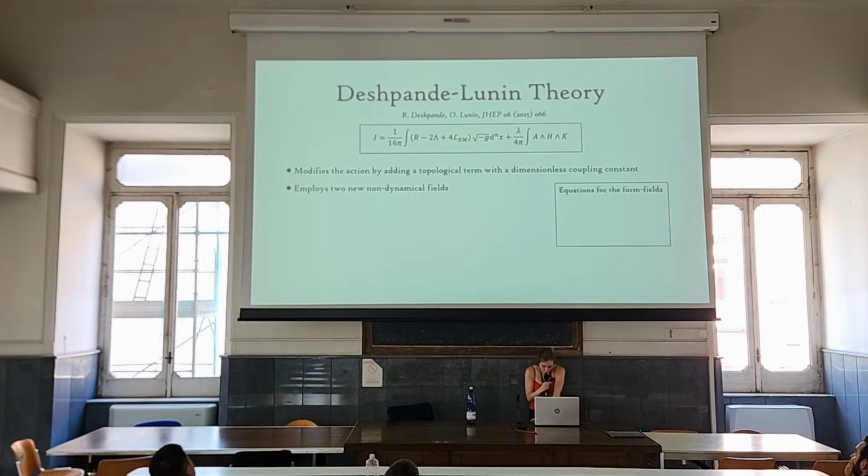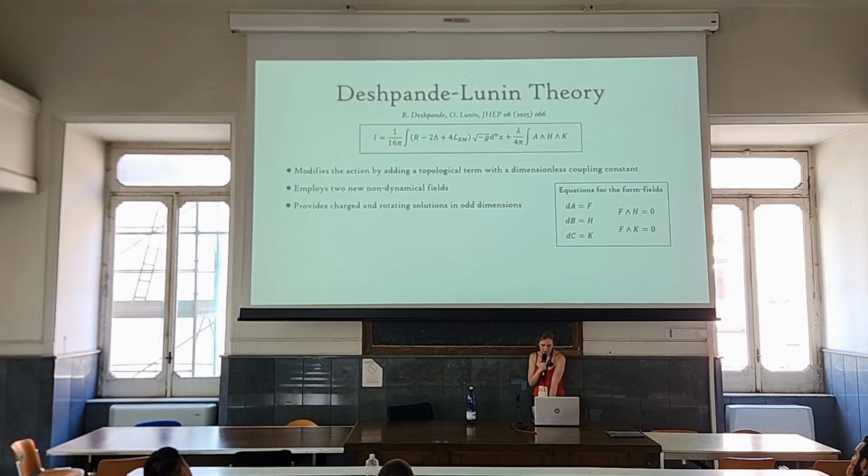For those fields, we have some constraints which must be satisfied. A is a potential for the standard electromagnetic field strength F, and there are also potentials B and C; if you take their exterior derivative, you obtain those H and K, which are in the topological term. In this theory there are also two algebraic constraints: the wedge product of F with H and with K must be equal to 0. This theory gives you charged and rotating black holes in all odd dimensions.